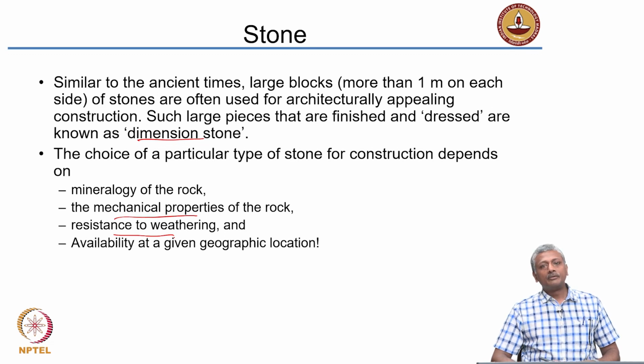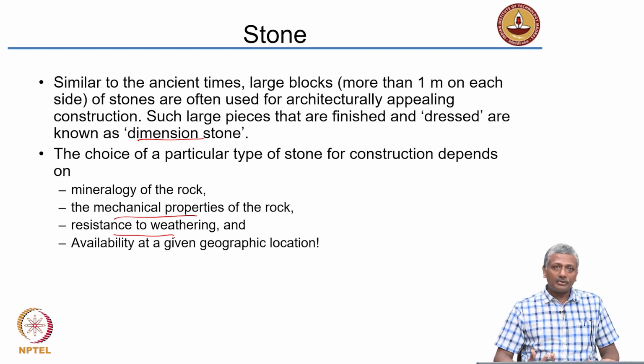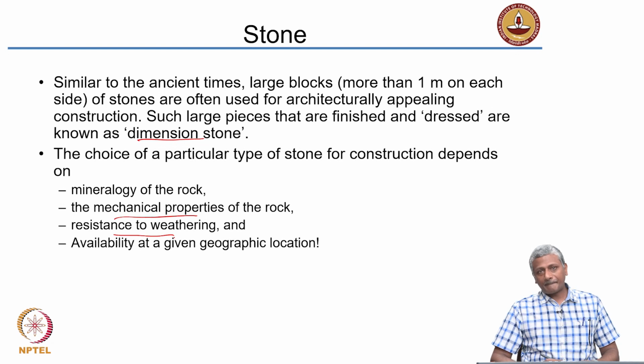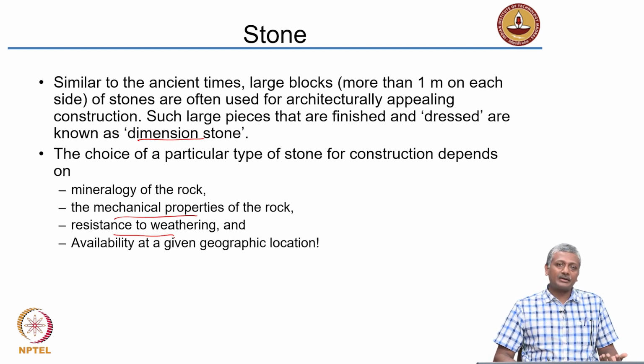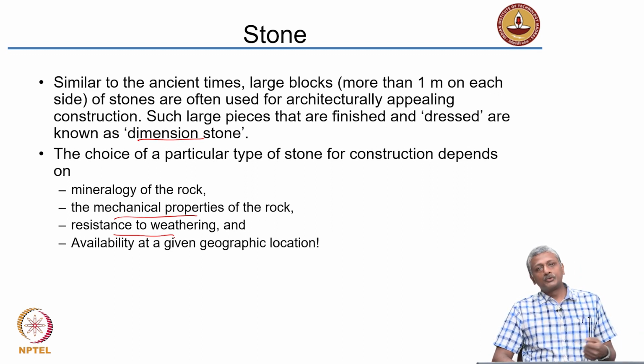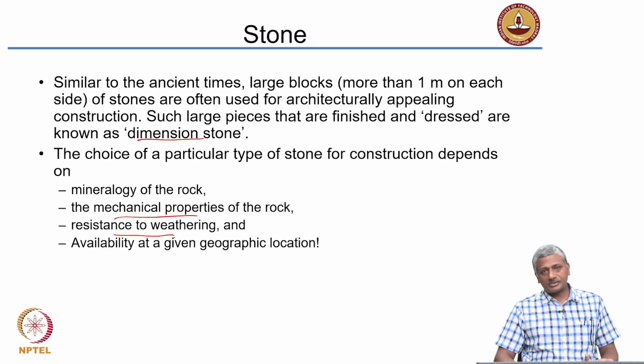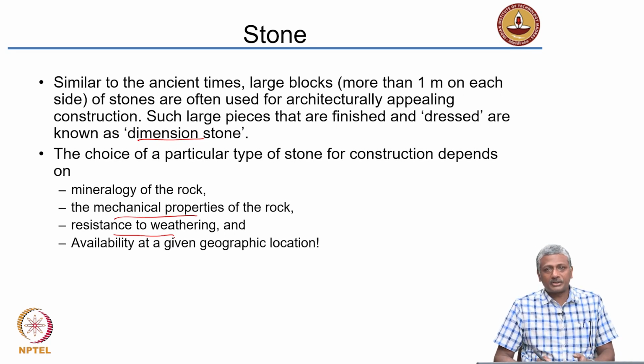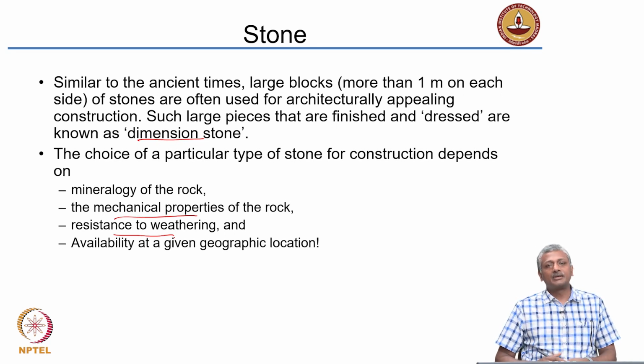We call that strength and durability, or in the case of rocks and stones, mechanical properties and resistance to weathering. So, for instance, when our forefathers built these large temples and monuments, they wanted the structure to be used for a number of generations. They did not think about the structure only lasting 50 to 100 years or within their lifetimes. They built these structures to last for hundreds of thousands of years.